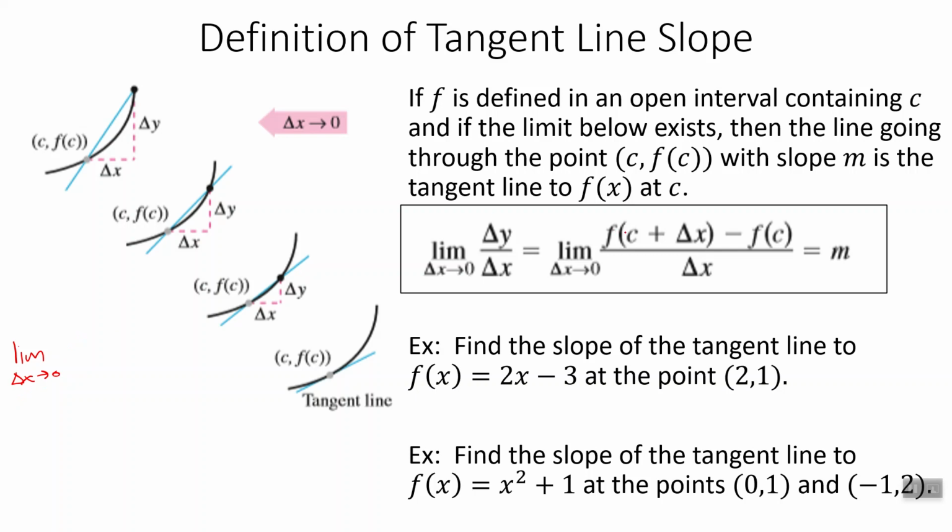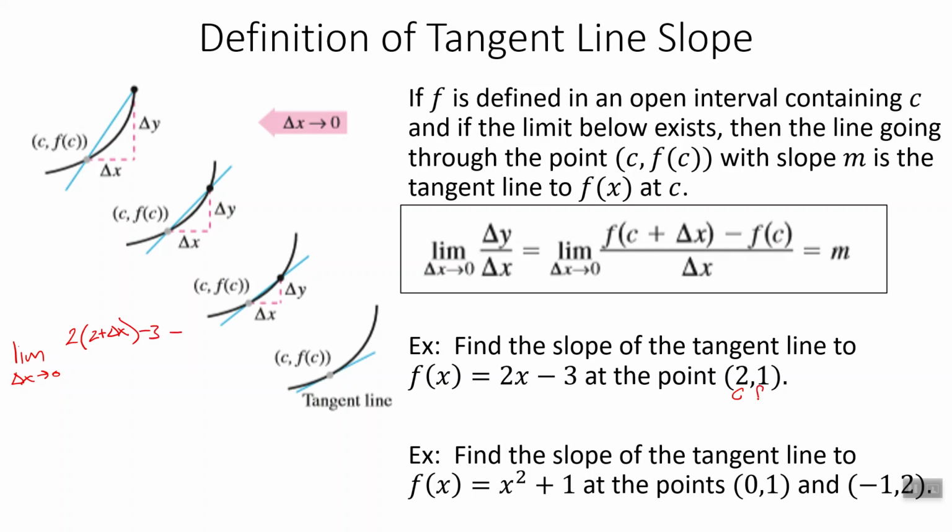Of f(x plus delta x). Our c here is 2, so we have 2 plus delta x. The function is 2 times x minus 3, so it's 2 times (2 plus delta x) minus 3, minus f(c).